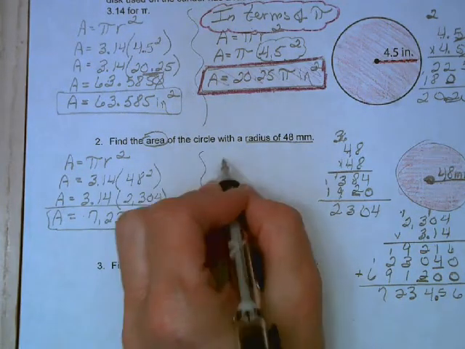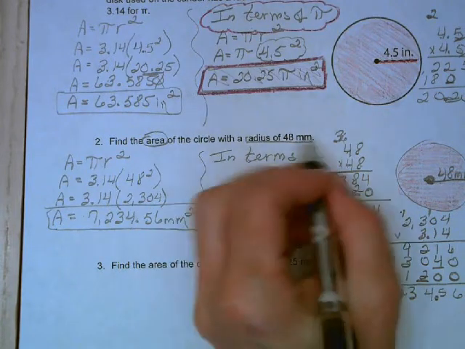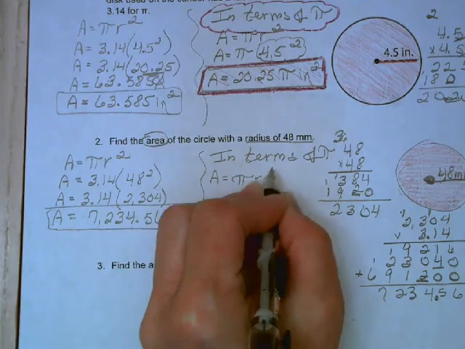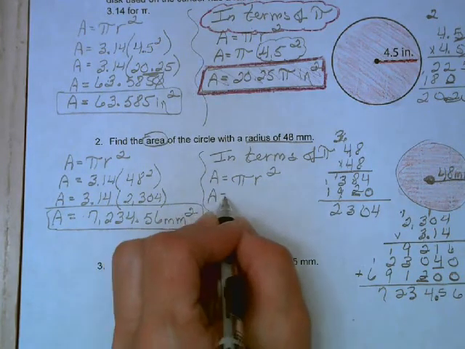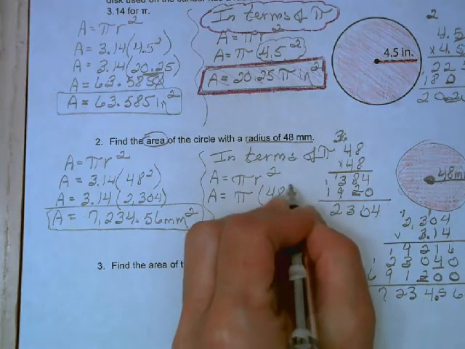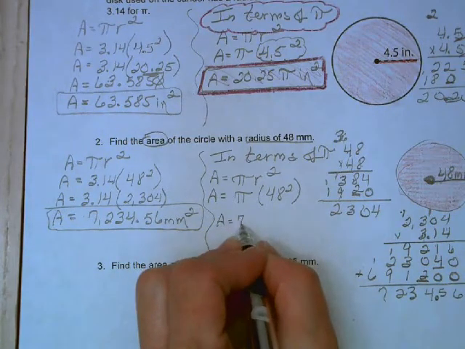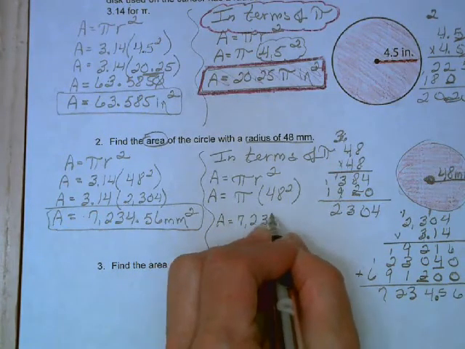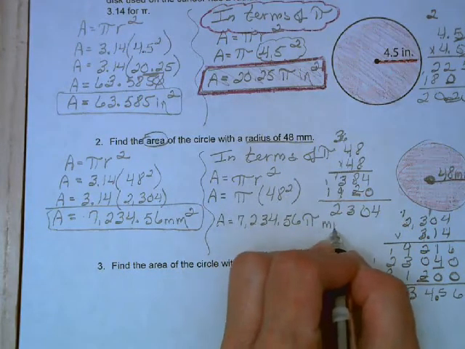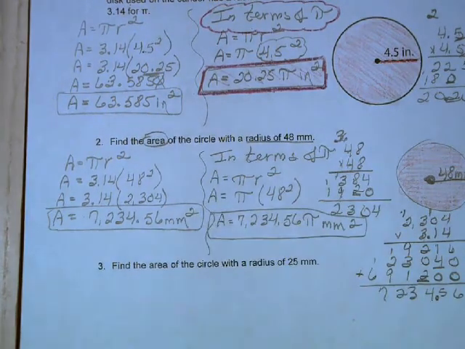If I'm going to do it in terms of pi, I would say area equals pi radius squared. Area equals pi times 48 squared. Area equals 7,234.56 hundredths pi millimeters squared. And again, I'll get out my purple colored pencil.